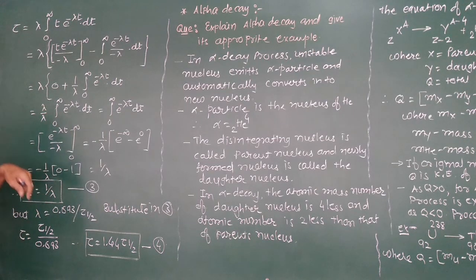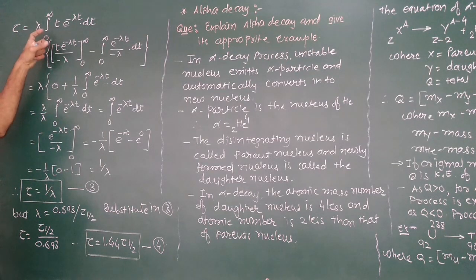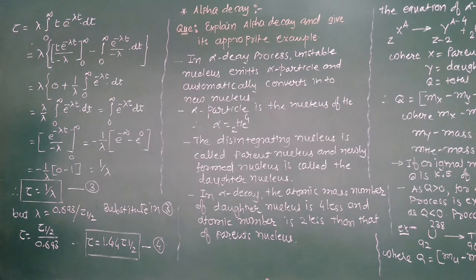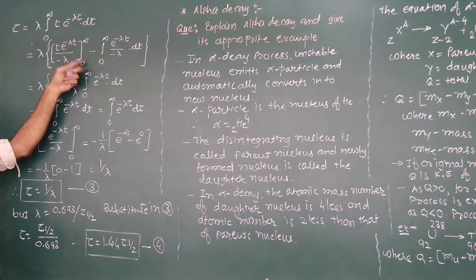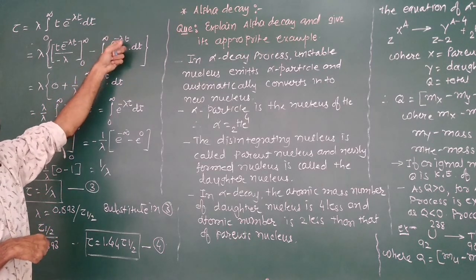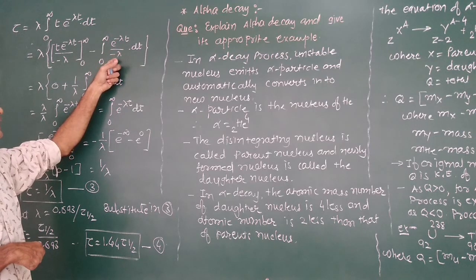Again, our equation 2 is tau is equal to lambda integral 0 to infinity t into e^(-lambda t) into dt. Simplification of this equation: lambda is common into bracket. Now the first term t into e^(-lambda t) upon minus lambda varies from 0 to infinity, minus integral 0 to infinity e^(-lambda t) upon minus lambda into dt.